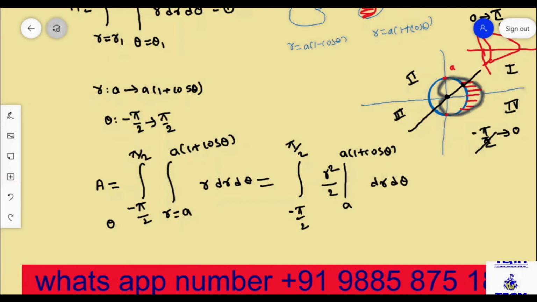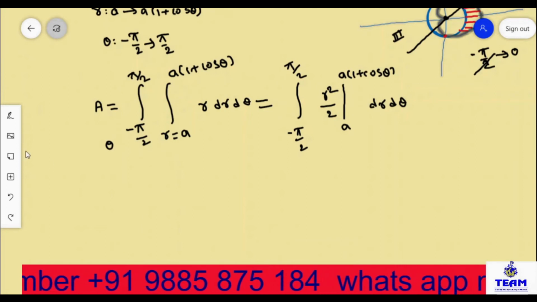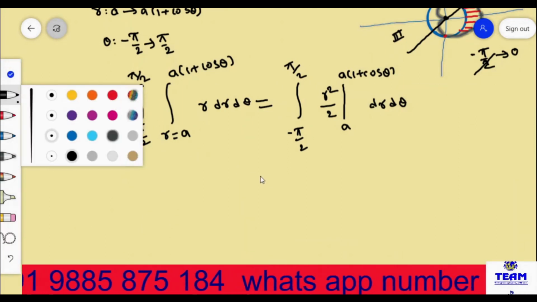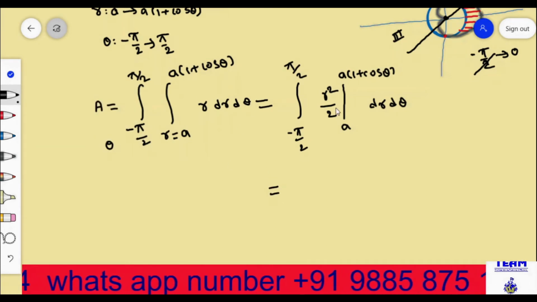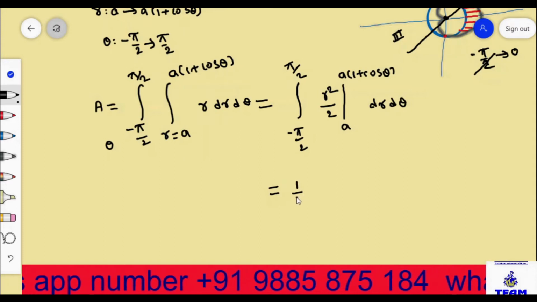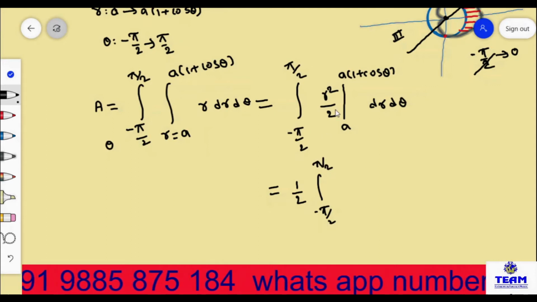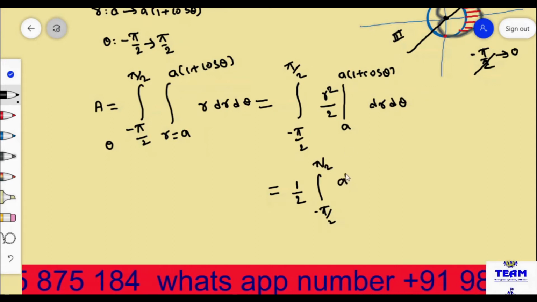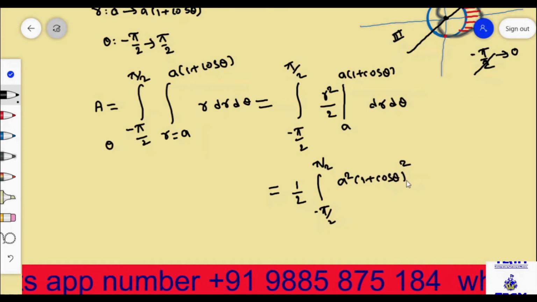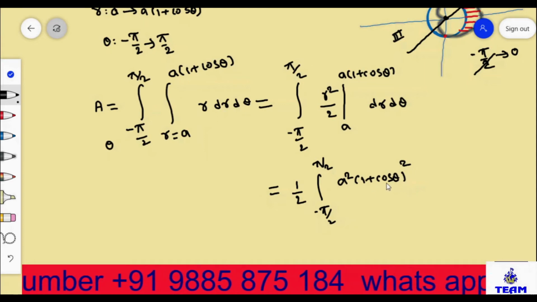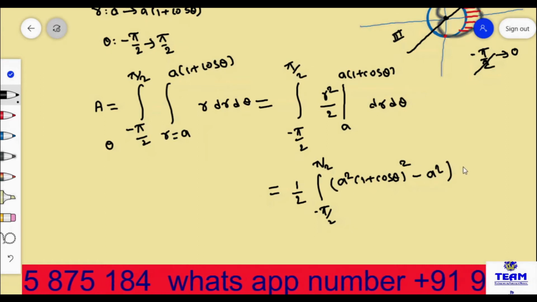Right. Next, we have to integrate this one. If you have integrated, what will happen? We need to substitute the upper limit and lower limit here. So I write 1 by 2 outside. Next, the integral from minus pi by 2 to pi by 2 of a square into (1 plus cos theta) whole square, since the upper limit is squared and (ab) whole square is a square into b square, minus the lower limit a square, into d theta.